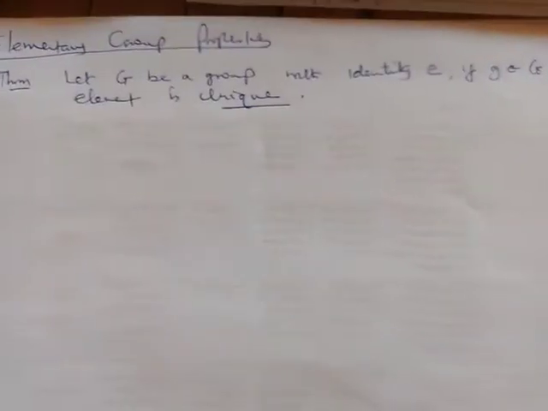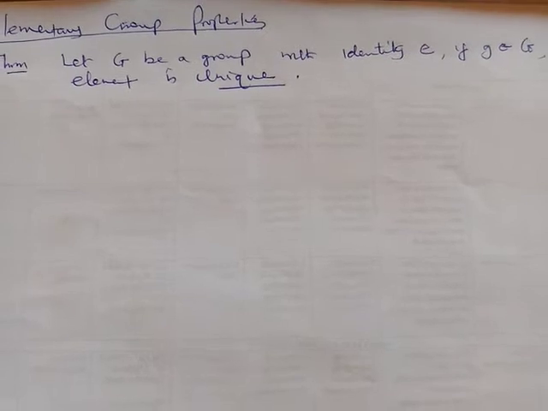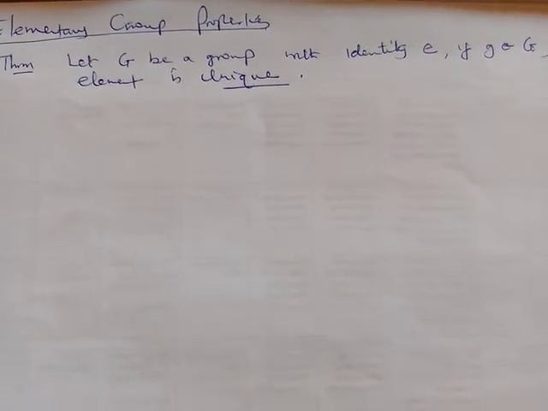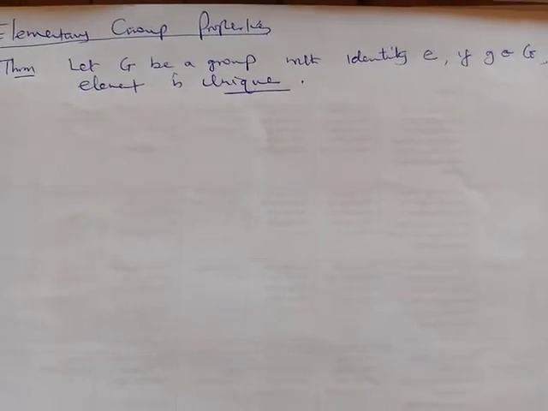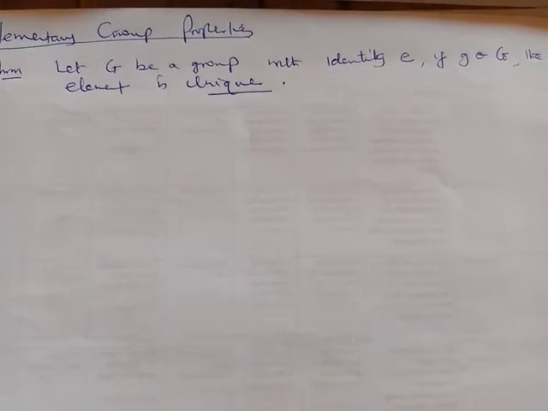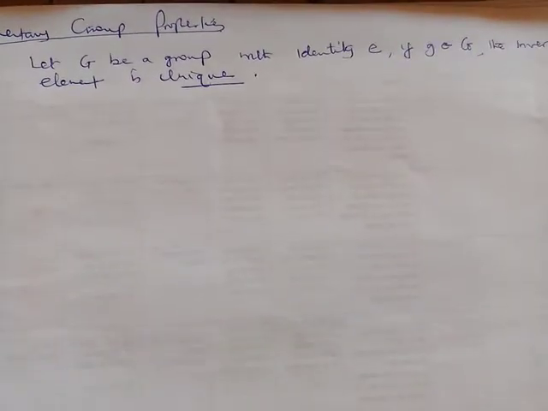So we are saying if you're having a given group G, and by definition of a group, it must have the identity. The identity of a group is E. And if you have a given element G, then its inverse will be unique.